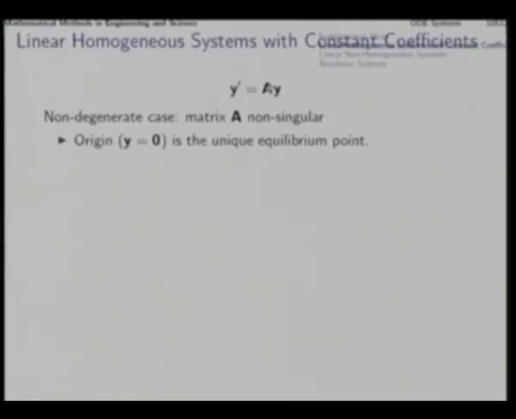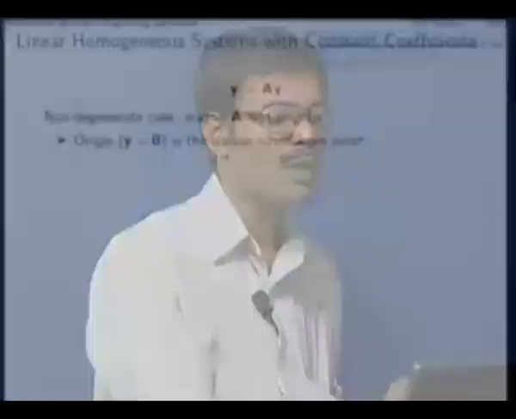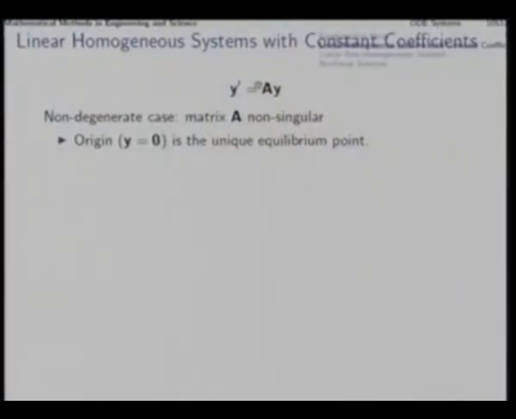That is, if the matrix A is singular in this kind of a system of differential equations, that singularity essentially means that one or more of the state variables could actually be dropped from the formulation, and we could have made a smaller formulation having a non-degenerate case in which the coefficient matrix would be non-singular. So, consideration of this case itself in which the matrix A is non-singular is good enough.